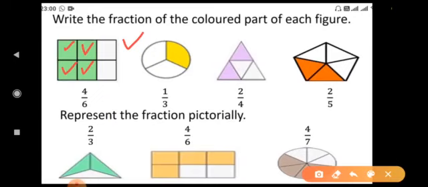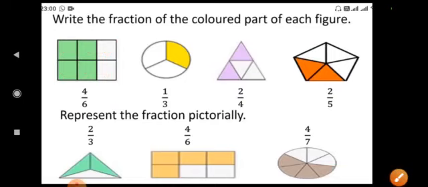So I will write 4 in numerator and total number of squares, that is 6, I will write in denominator. So the fraction for colored part, that is green, will become 4 upon 6, right?